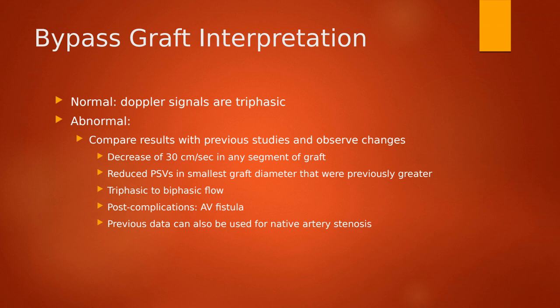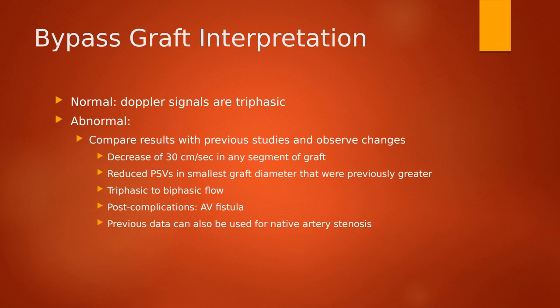Any change in triphasic waveforms to biphasic flow is going to be that gray area of being abnormal. So how old is this graft? How old is this patient? What else is going on? If this graft is old, maybe they're getting ready to replace it, we could typically see triphasic flow go to biphasic flow.